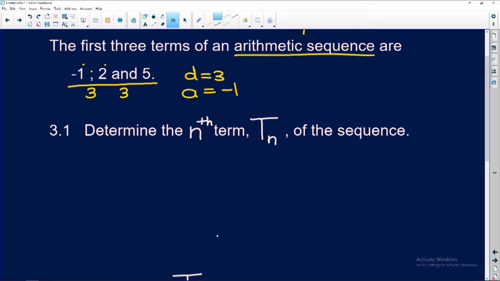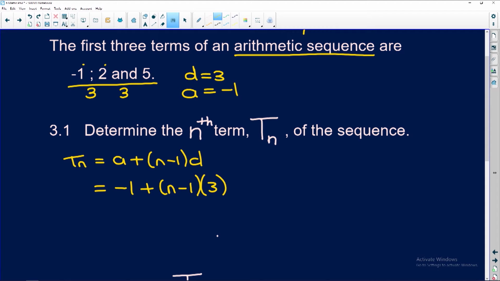3.1 says determine the nth term, or Tn, of the sequence. So as I said, Tn is equal to the first term plus n minus 1 multiplied by the difference. So Tn is going to be equal to that first term, which is negative 1, plus n minus 1 multiplied by the difference, which is 3.